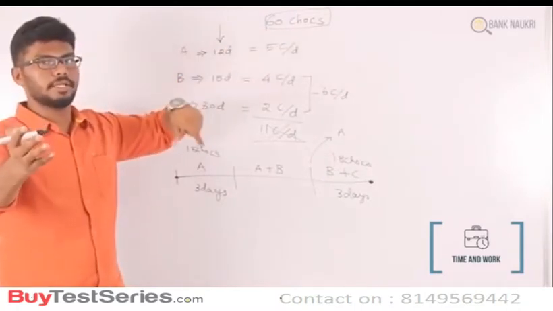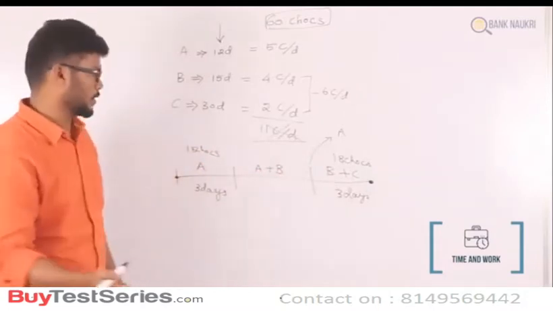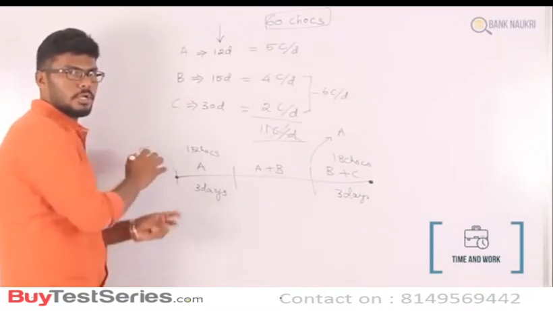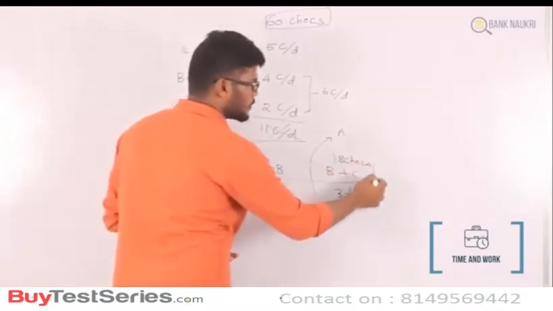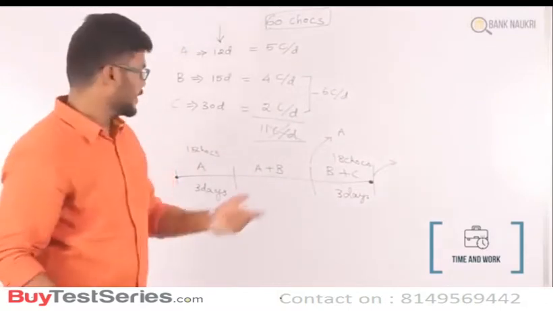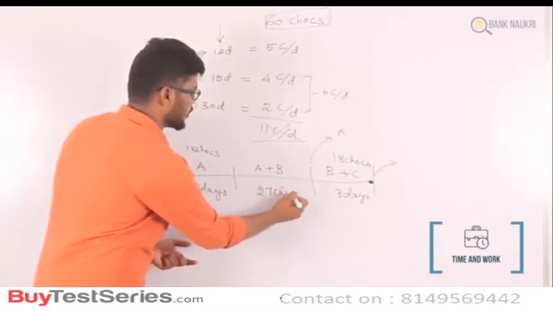So how many chocolates are remaining? 60 minus 15 minus 18, which is 27 chocolates. Now will someone eat the 27 chocolates before this? No. Will someone eat the 27 chocolates after this? No. So who will eat these 27 chocolates? Definitely A and B. So A and B should eat these 27 chocolates.